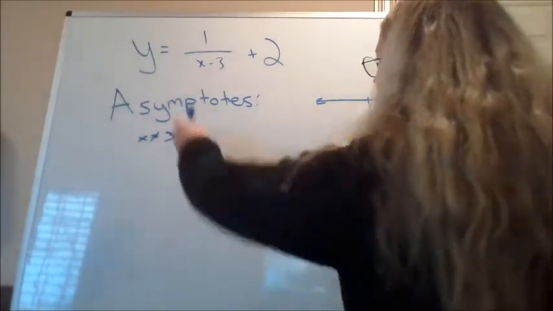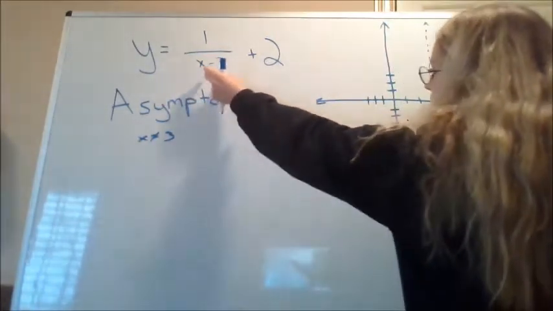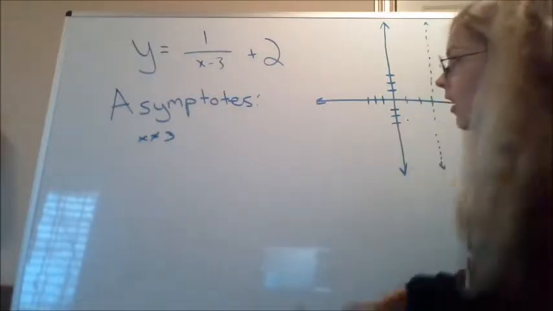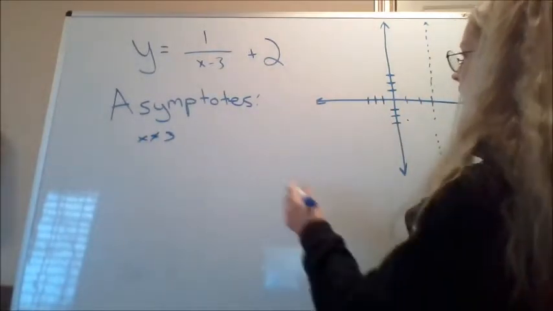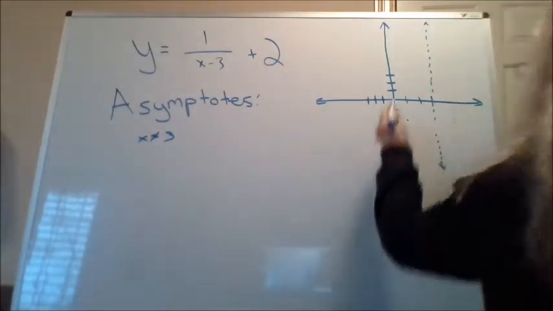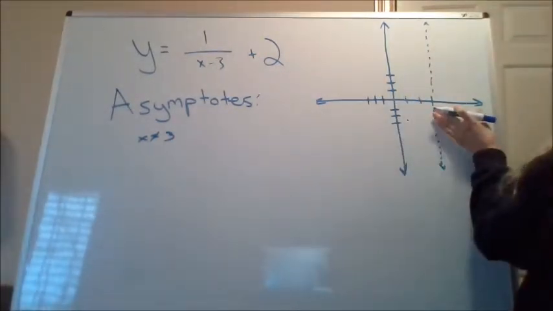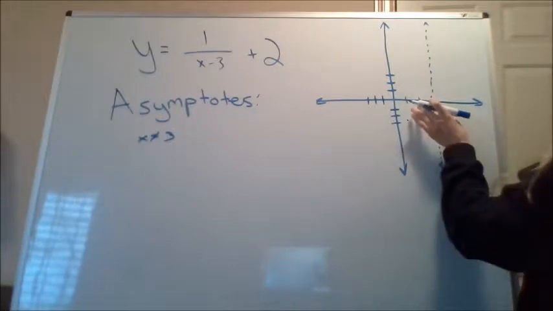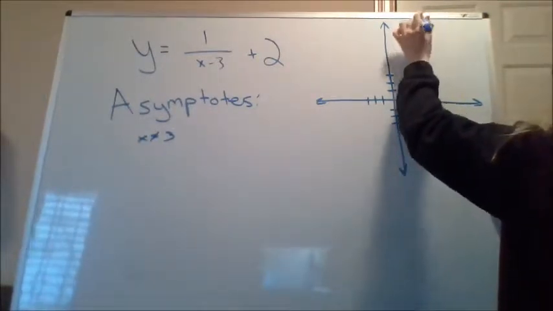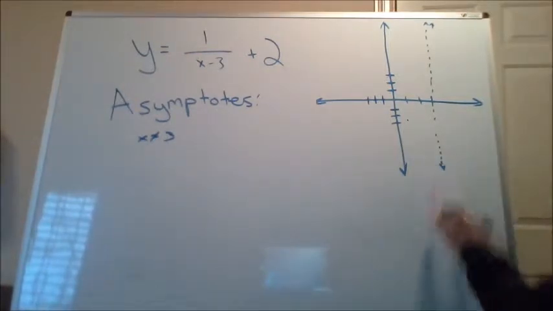So as we get values closer to 3 but still larger than 3 for x, we would get a very big positive y value. So from the right hand side of x equals 3, we're going to get bigger and bigger values as we approach x equals 3.